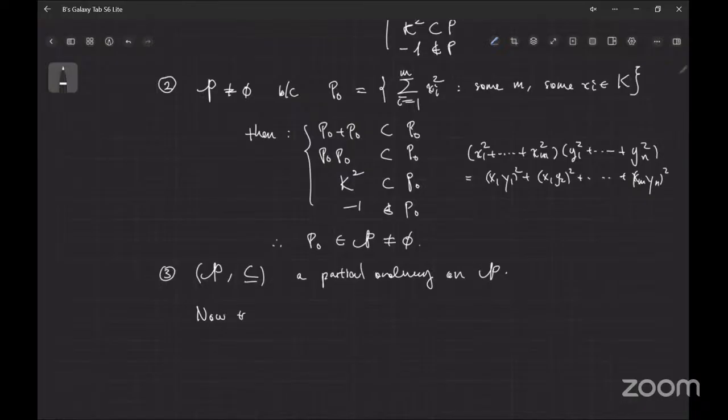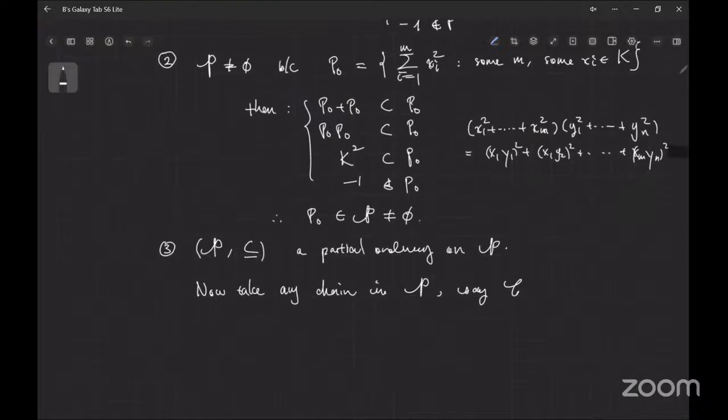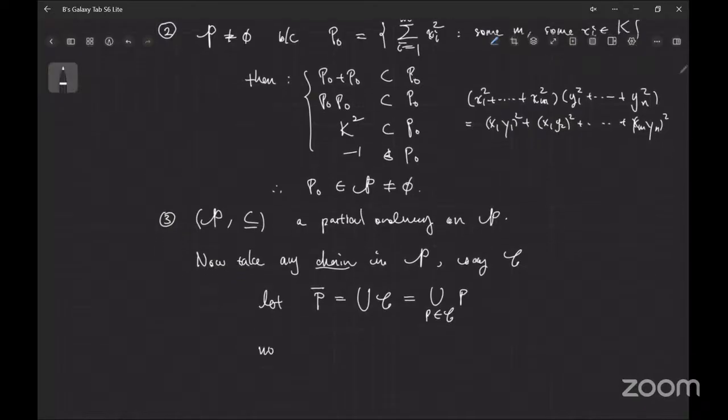So take any chain in script P, let's say script C. Then this is a chain, and let's say P bar to be the union over the collections in script C. Then notice certainly that for each P in script C, P is contained inside P bar.